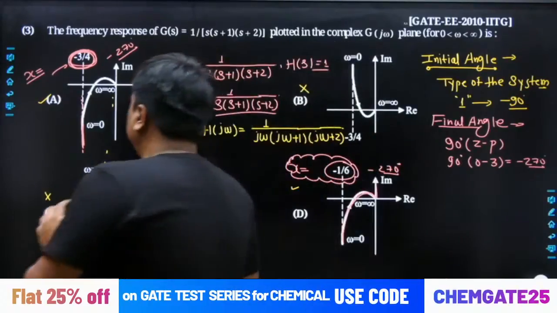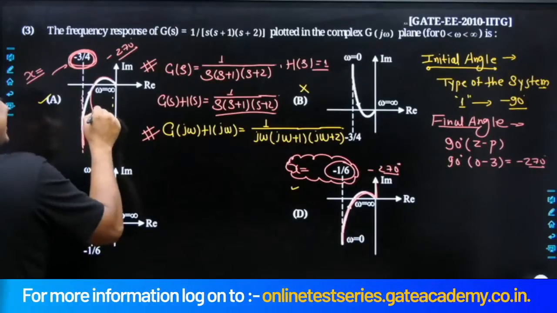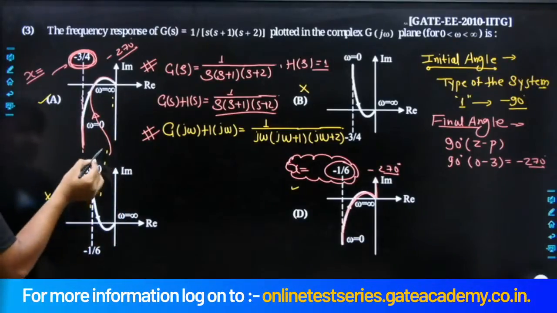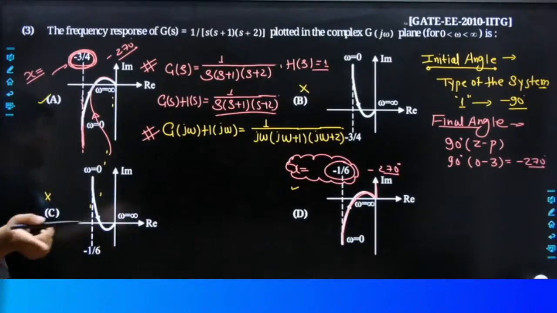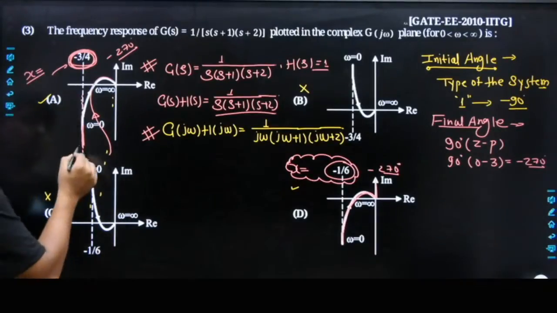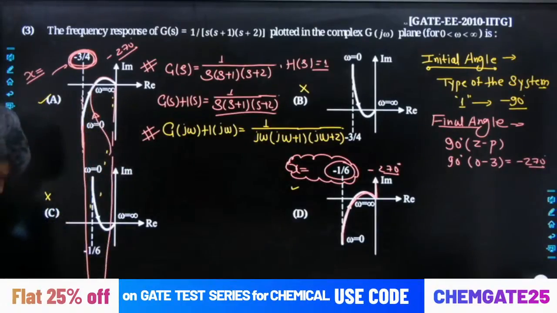But I have seen many students memorize by heart, sir, the curve would be like this, but it's not that straight. I agree that the angle offered by the system is minus 90, but here also the angle offered by the system is minus 90, because it had been coming from the very bottom side and still the angle is minus 90 degrees.